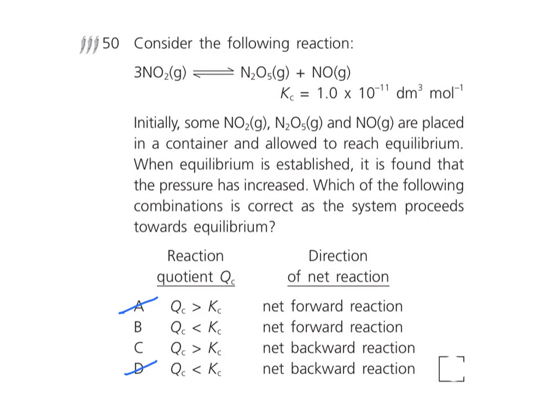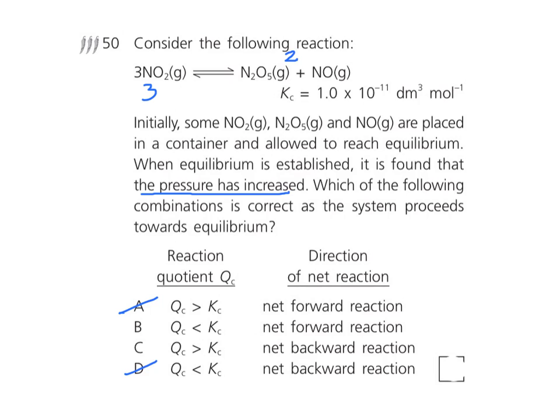But notice the key phrase in this question was that in reaching equilibrium, the pressure has increased. Everything in our equation was gaseous, so this was a homogeneous gaseous reaction, everything in the same phase, homogeneous. And notice that there's 3 moles of gas on the left, and there's 2 moles of gas on the right.